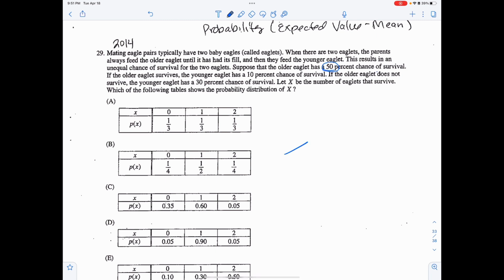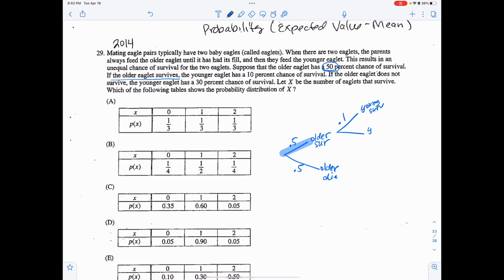So I'm just going to say older survive, older die, and it said 50%, so that's 50-50 so far. If the older eaglet survives, so this tail right here, the younger eaglet has a 10% chance of survival. So young survive is 10%.